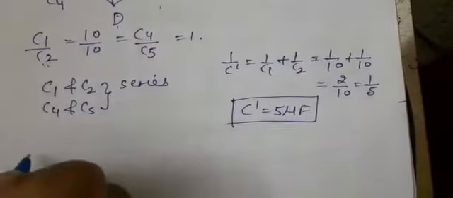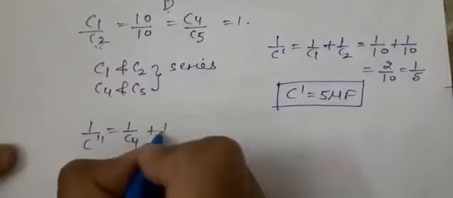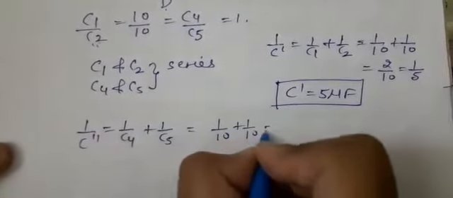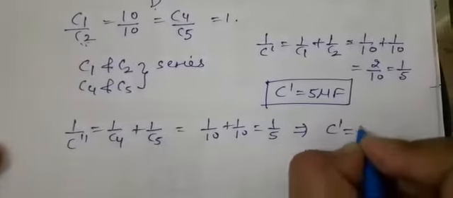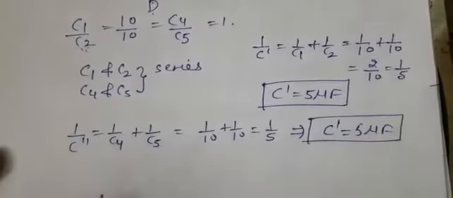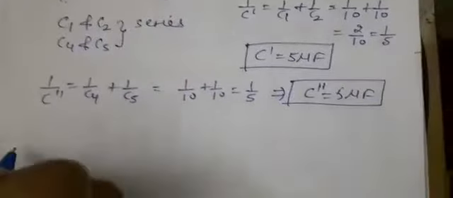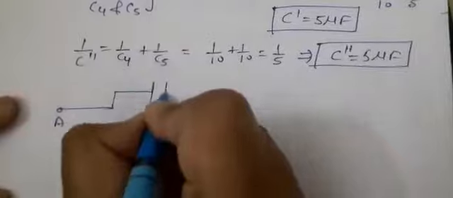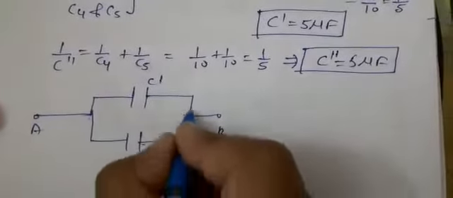Similarly, the capacitance of the series combination of C4 and C5: 1 by 10, 1 by 10. Same calculation, I am taking it directly. This implies C double dash is equal to 5 microfarad because the values are all identical. Now, in between A and B, you can see this C dash and this C double dash.